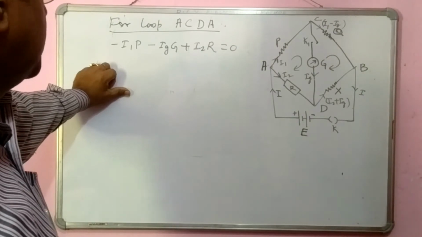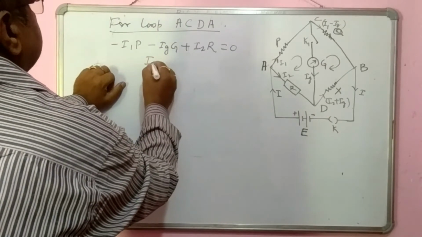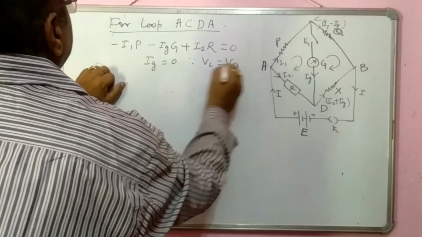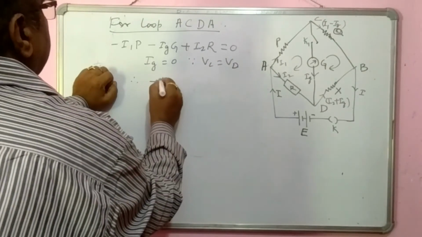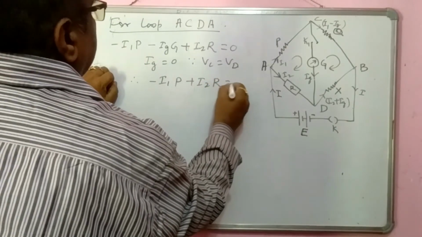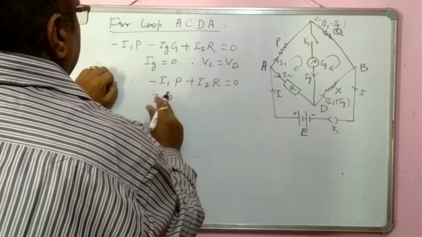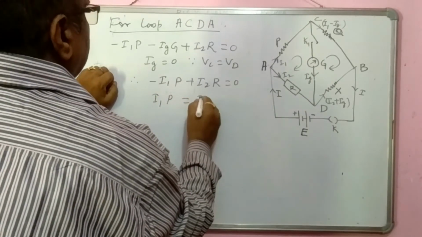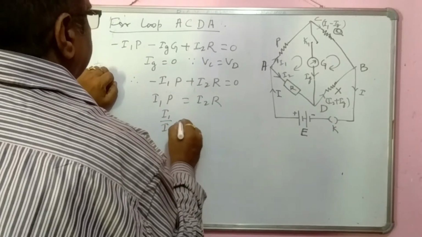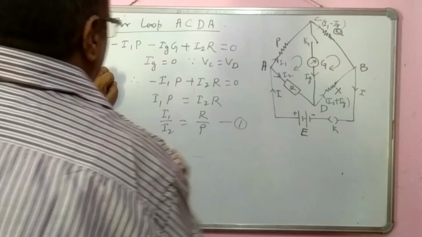So the algebraic sum of the products of current and resistance is 0. In the balanced condition, Ig is equal to 0, since Vc is equal to Vd, therefore we get minus I1 P plus I2 R is equal to 0. Therefore I1 P is equal to I2 R, so I1 by I2 is equal to R by P. This is equation number 1.